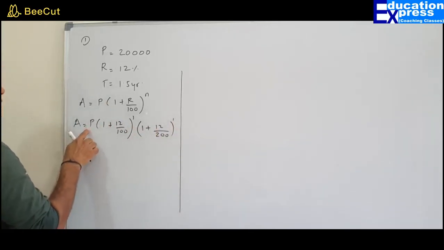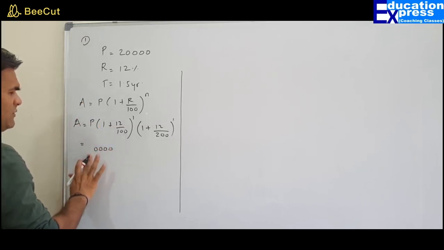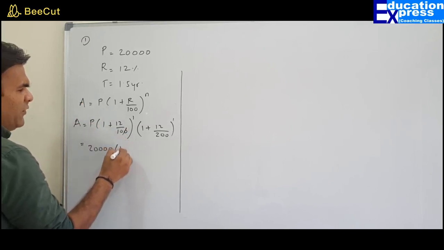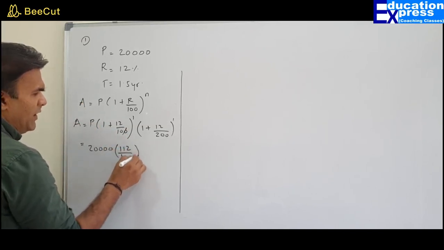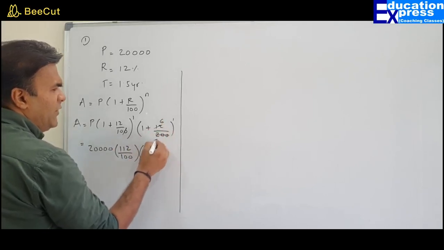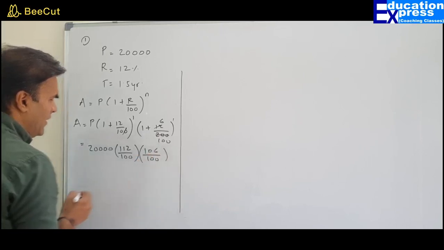And then, what is the principal? 20,000. So we are going to substitute principal 20,000. So basically you can say 112 upon 100, and here also, in case we wish to get 100 only, then 106 upon 100.